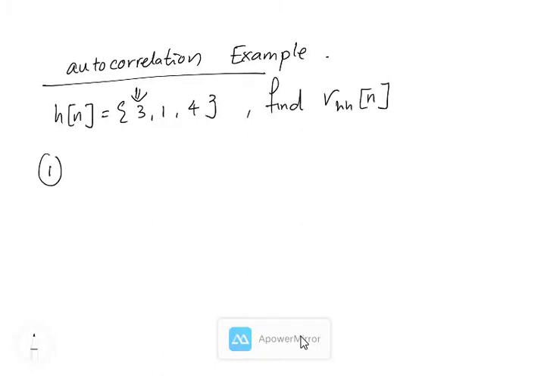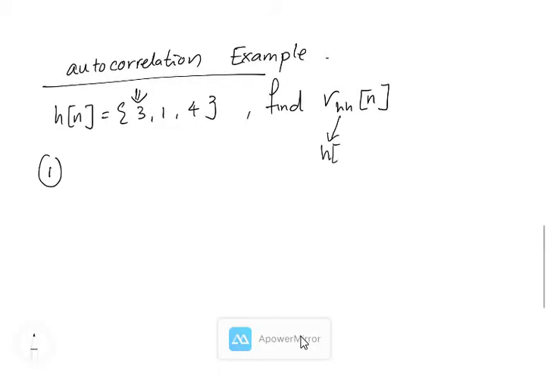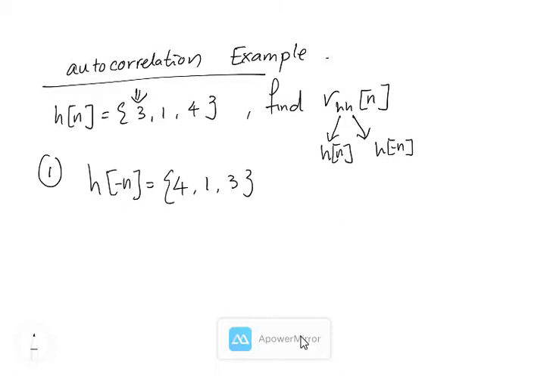So first of all, again, you flip the second signal. So this one is the h[n], and the second one is the h[-n]. So you flip the h[-n], then you get 413. Okay, origin at the same location.